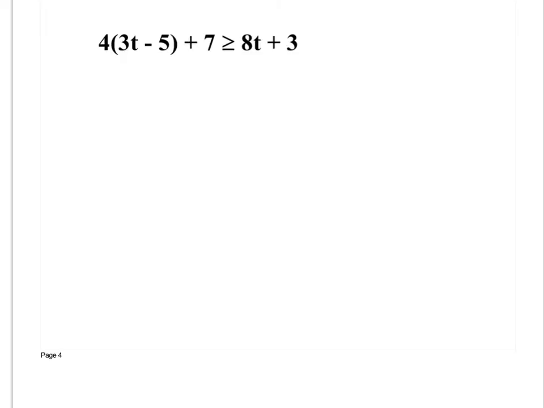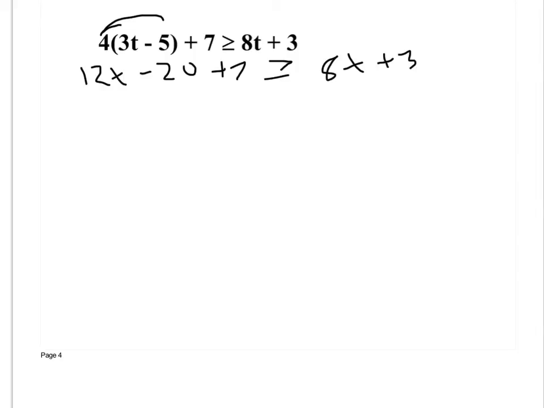Alright, when you see something like this, before you can add like terms and move stuff around, you have to distribute, you have to multiply. So we take 4 times 3t and get 12t. 4 times -5 and get -20. Plus 7 greater than or equal to 8t plus 3. We want to get t by itself, so I would move the smaller one. I'd also combine the like terms on this side. 12t minus 13.